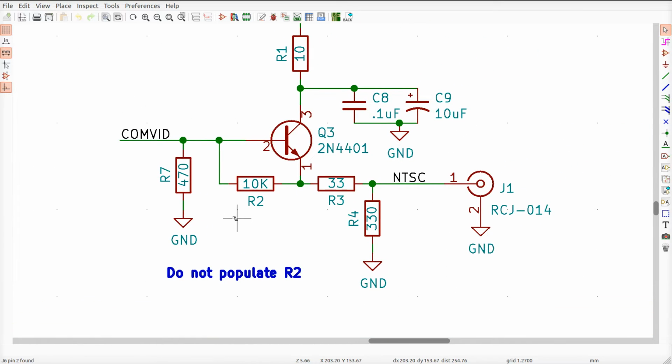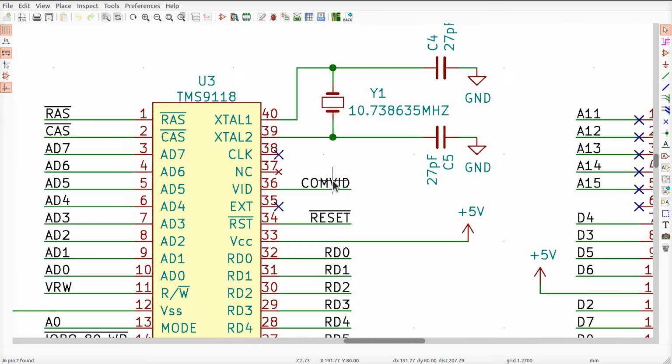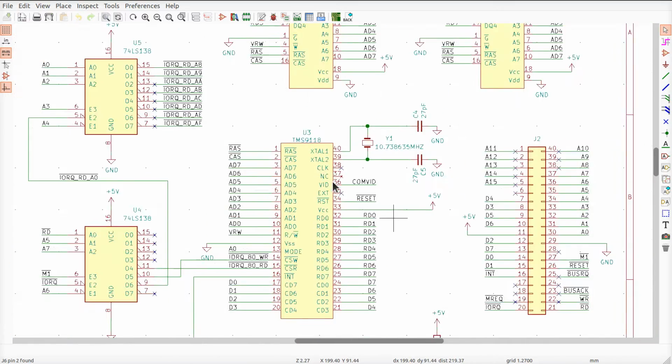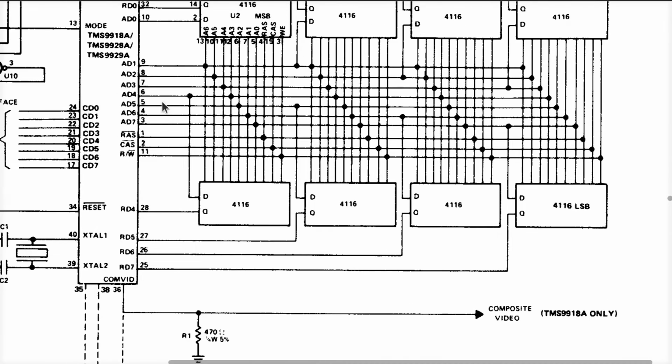So, as we talked about before, ComVid is the signal that comes out of the 9118. This is the composite video right out of this chip. Now, if you look at the manual for the 9118 and the 9918, the difference between the 9918 and the 9118 is the way the memory is hooked up.